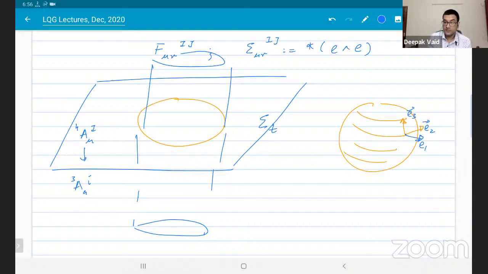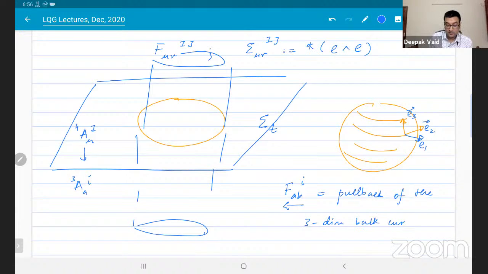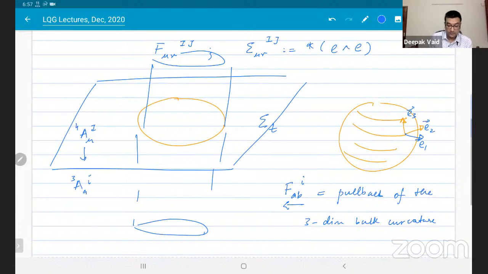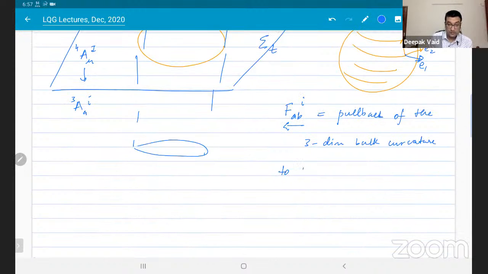Okay, so when you restrict, then again you can define the curvature of this connection. So on the horizon surface, we have this quantity, which is the pullback of the three-dimensional bulk curvature to the horizon surface.